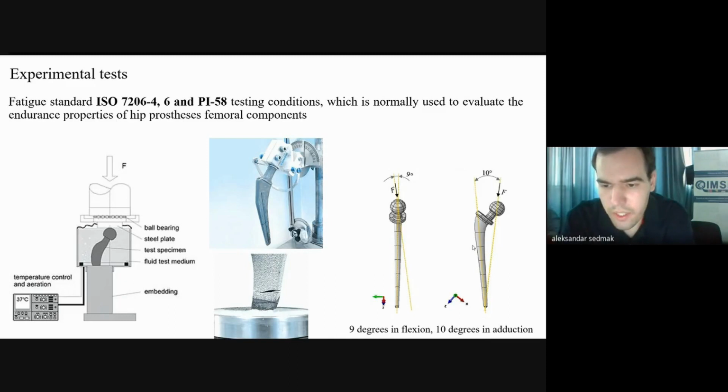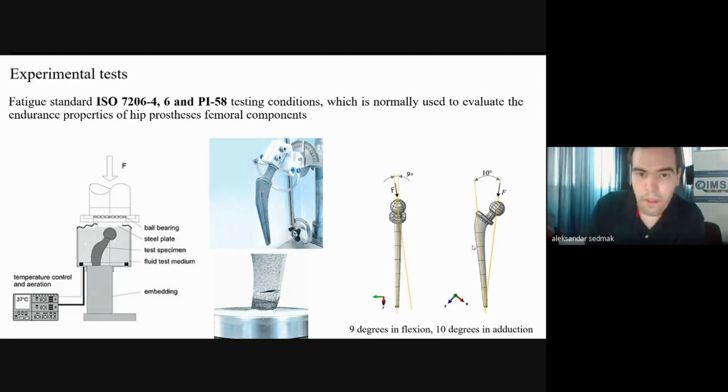So placing the implant in the right manner in the cement mantle, you can test it on a high frequency resonant testing machine, and also you can include a fluid test medium to test the temperature and simulate the regular hip implant environment in the human body.